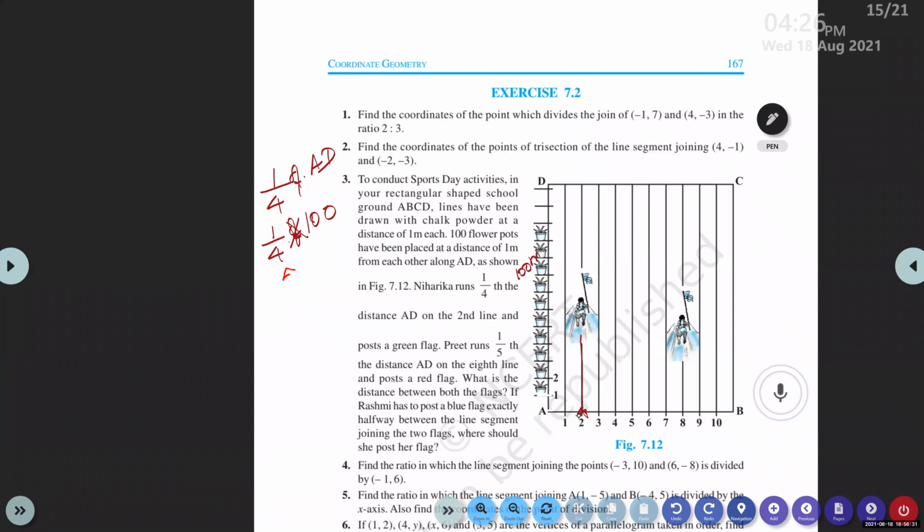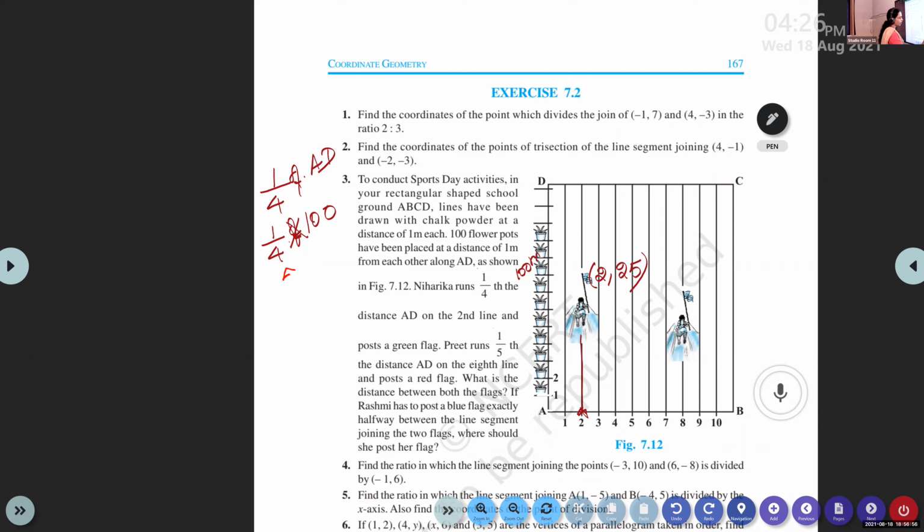2, 25. Yes, it is very good. She moves along the second line, so the x coordinate is 2 and the y coordinate is 25. Now look at the next one. Preet runs 1/5 of the distance AD on the 8th line.